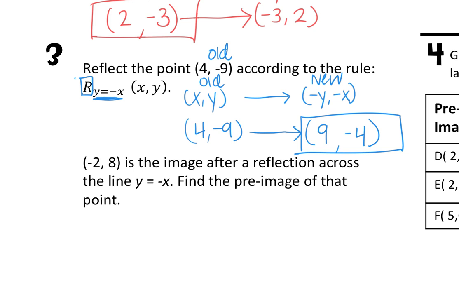Ok, so para 4, -9, yo sé que el -9, que va segundo, ahora va a ir primero en mi punto nuevo. Ok, pero el -9 no va a ser -9, tengo que hacer el cambio de signo también. So, era negativo, ahora es +9.